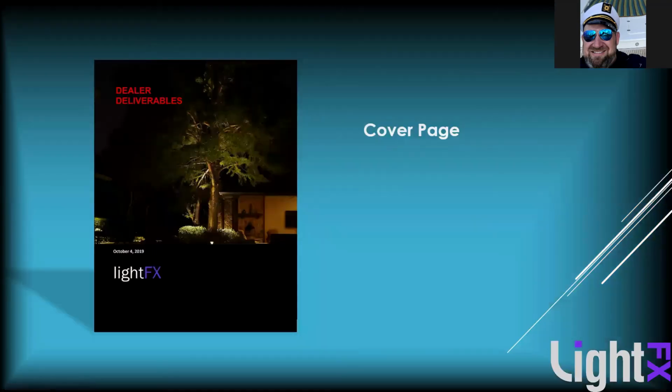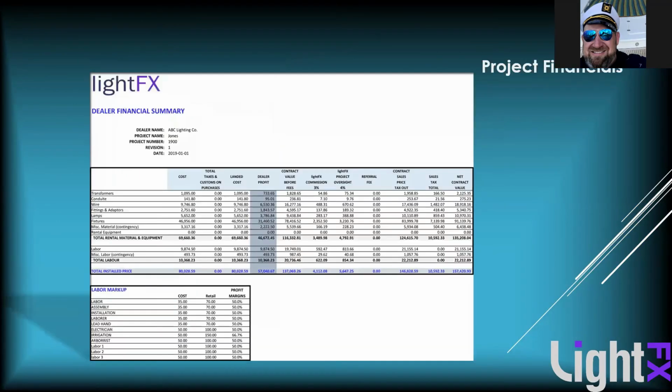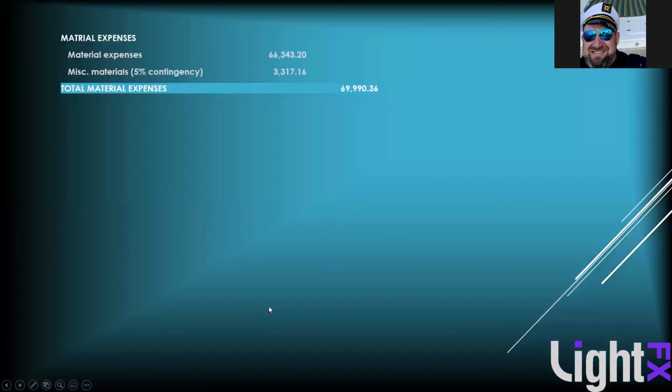Now, the dealer deliverables. The first thing is the cover page, and then the numbers, which show you all your costs by category. So, to the penny, how much you're making. And right here I'm showing the margins, the cost, your retail price, and the margin on your labor.